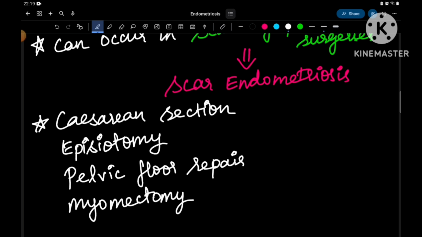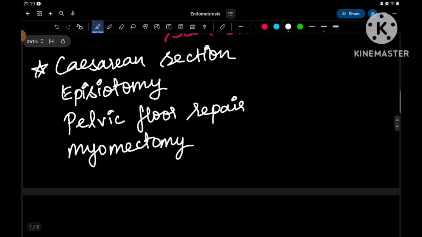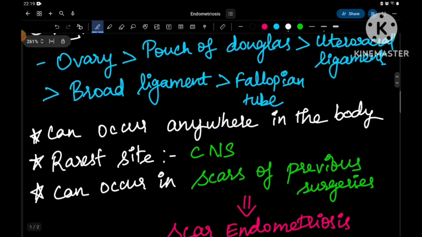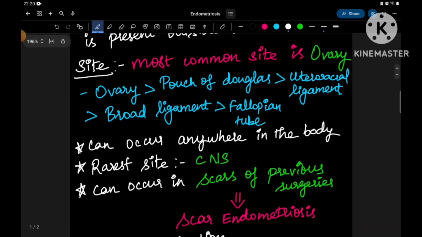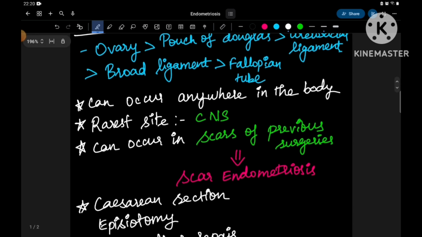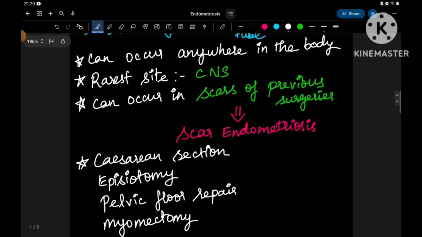Okay, guys. So now let's just see this definition. We saw that it is endometrial tissue present outside the uterine cavity. Site is ovary. So what are the other sites? It's pouch of Douglas, uterosacral ligament, broad ligament and fallopian tube. But it can occur anywhere in the body.